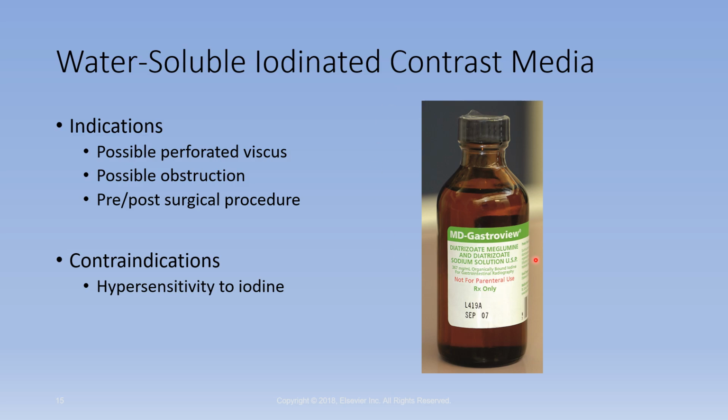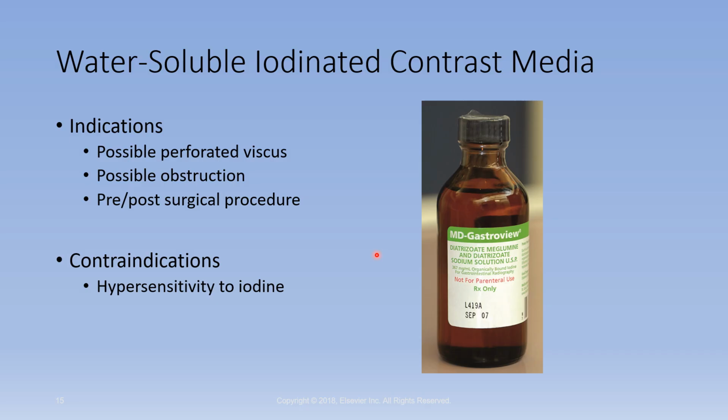This is actually called GastroView. Both of these, Gastrografin and GastroView, are the water-soluble iodinated contrast that can be given to a patient that has a possible perforation, a possible obstruction, and/or has or had surgery within 48 hours.